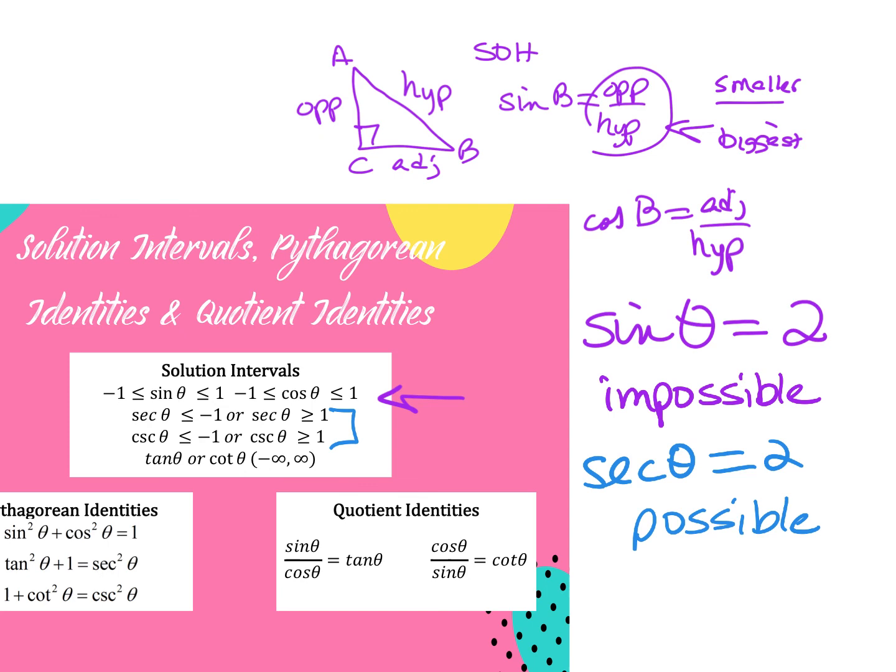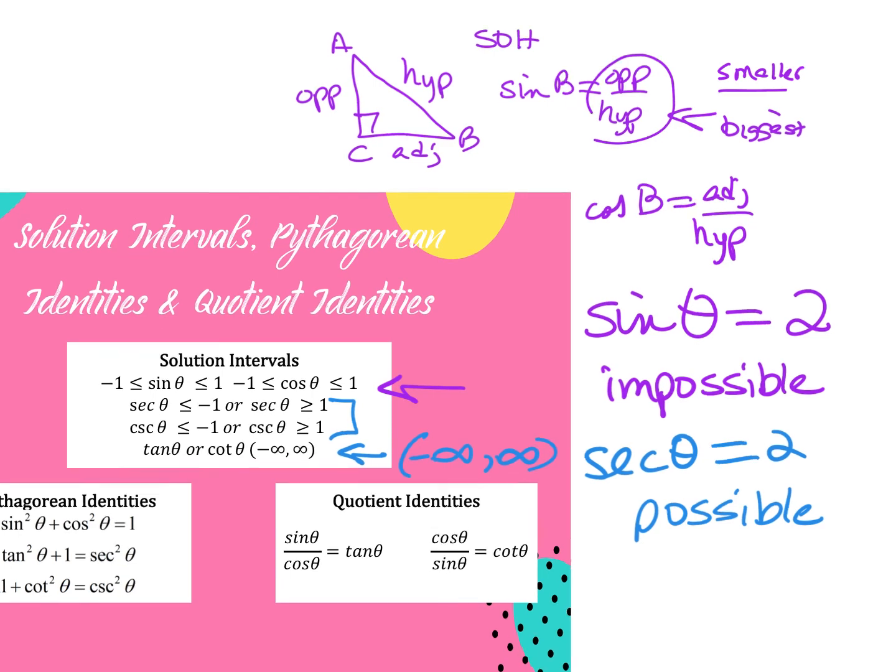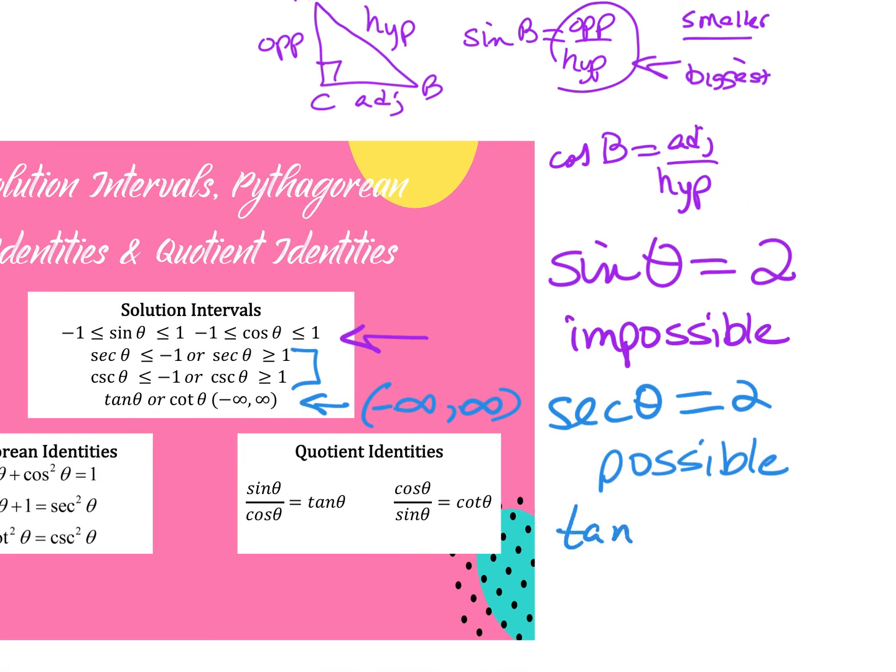Now tangent, because it's y over x, and it doesn't matter if the opposite or the adjacent was bigger or smaller, tangent and cotangent, this could be anything. So it's all real numbers. So negative infinity to positive infinity. So if I told you, could the tangent of theta equal 100?